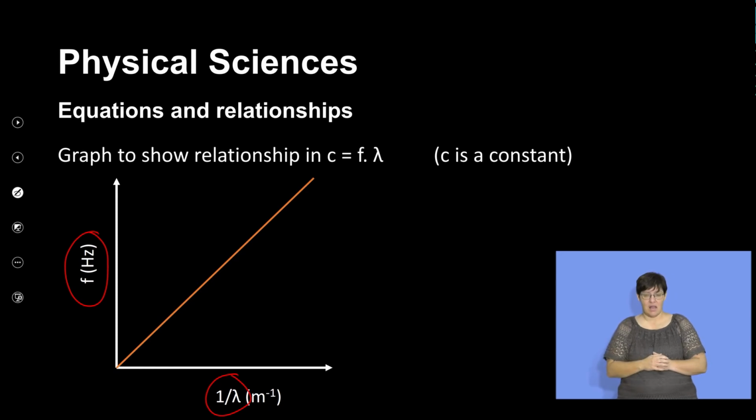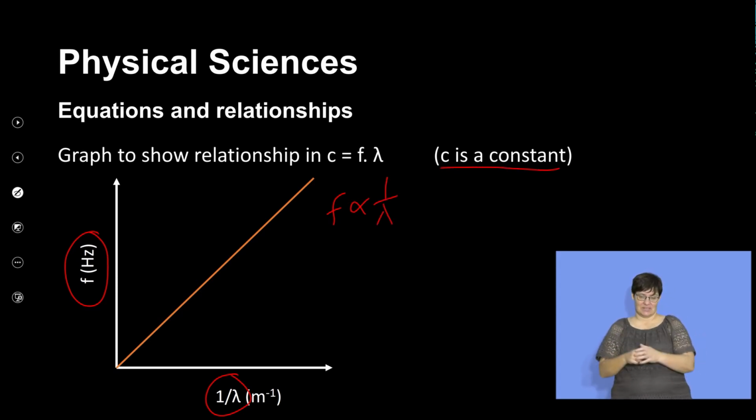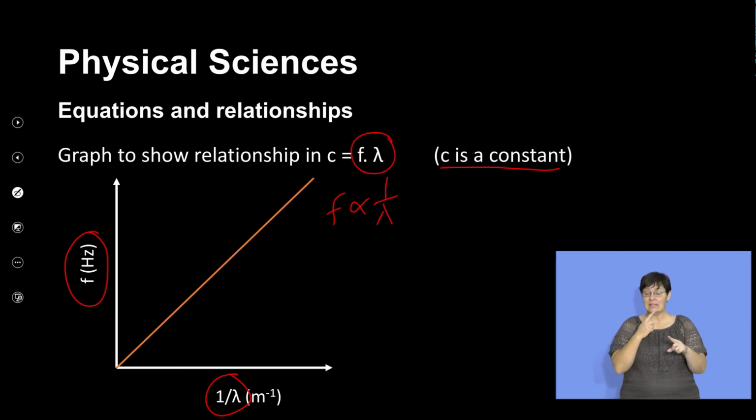And as a result of that, I can say that f is directly proportional to 1 over lambda. The c is a constant. When two things are multiplied by each other together, we recognize that is going to be an inverse proportion relationship. We can represent it and confirm it by doing the straight line bit as well.